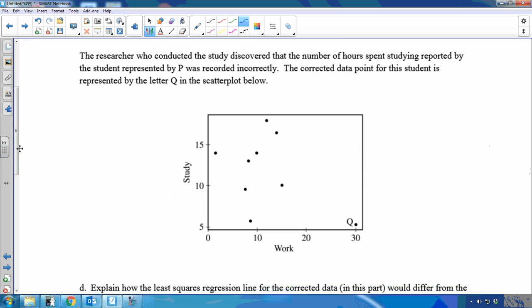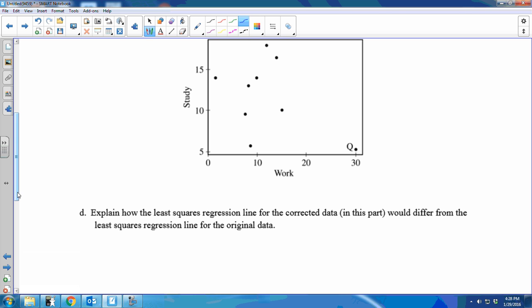The researcher who conducted the study discovered that the number of hours spent studying reported by the student represented by P was recorded incorrectly. The corrected data point for the student is represented by the letter Q in the scatter plot below. So now P, which was way up here, is moved down here to Q. Explain how the least squares regression line for the corrected data would differ from the least squares regression line for the original data.